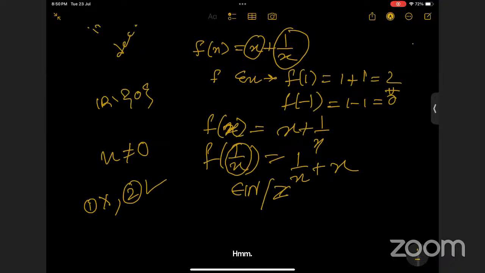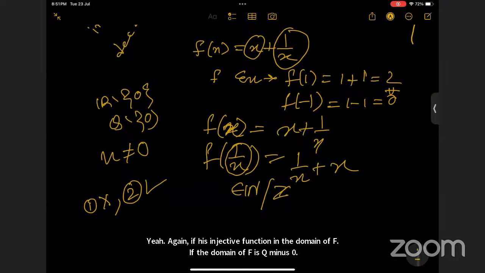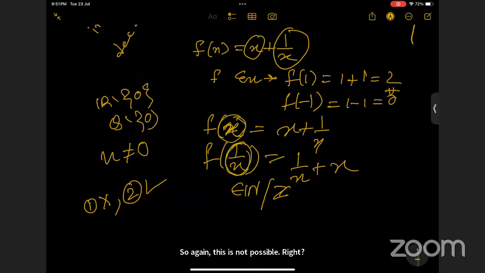Again, they said f is injective if the domain of f is Q minus 0. So again this is not possible, right? This may be in Q. This example is from rational numbers. So option 3 is again wrong.